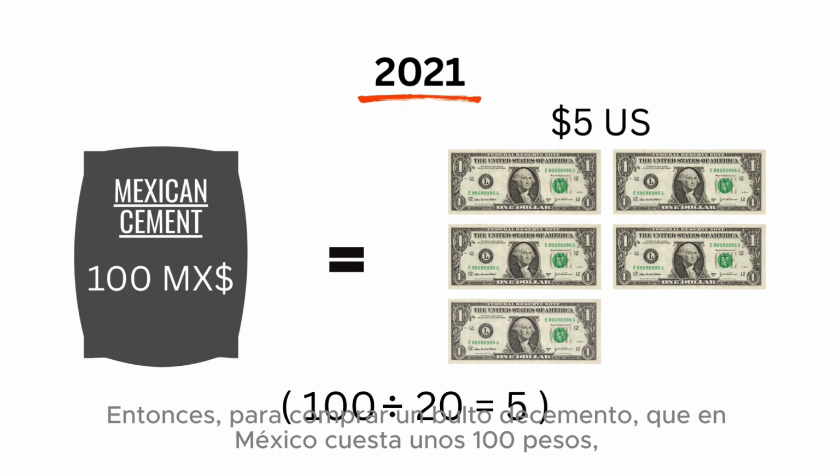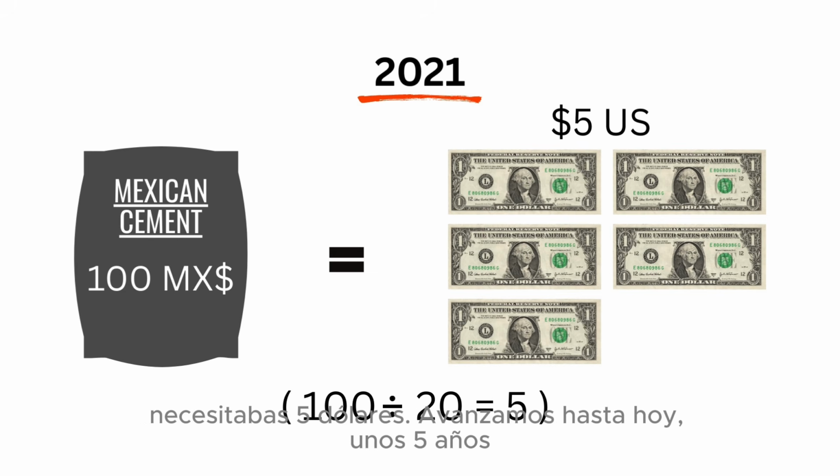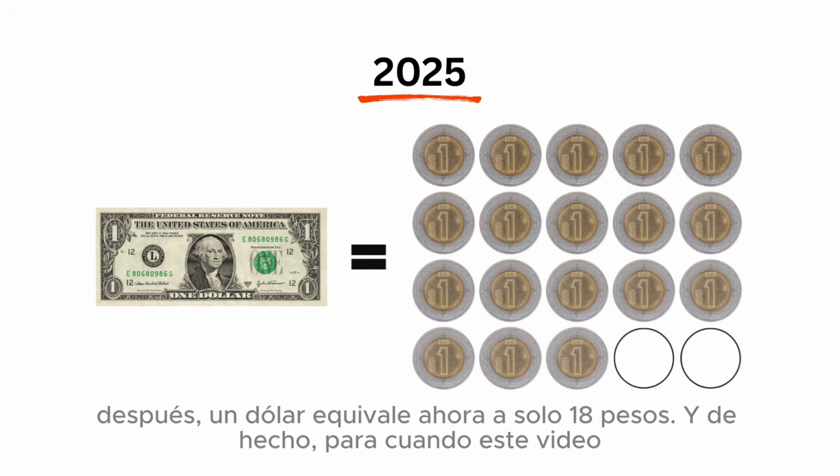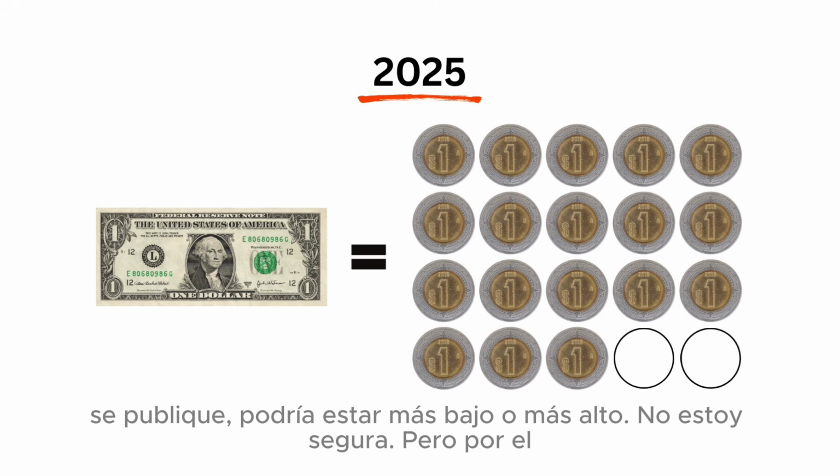So, in order to purchase a bag of cement, which in Mexico costs about 100 pesos, you needed $5. Fast forward to today, about 5 years later, $1 is now equal to only 18 pesos. And actually, by the time this video is posted, it could be lower or greater, I'm not sure.